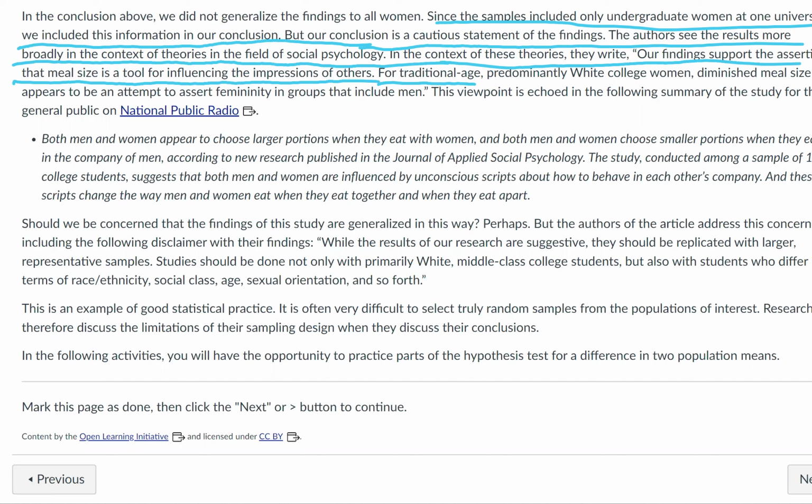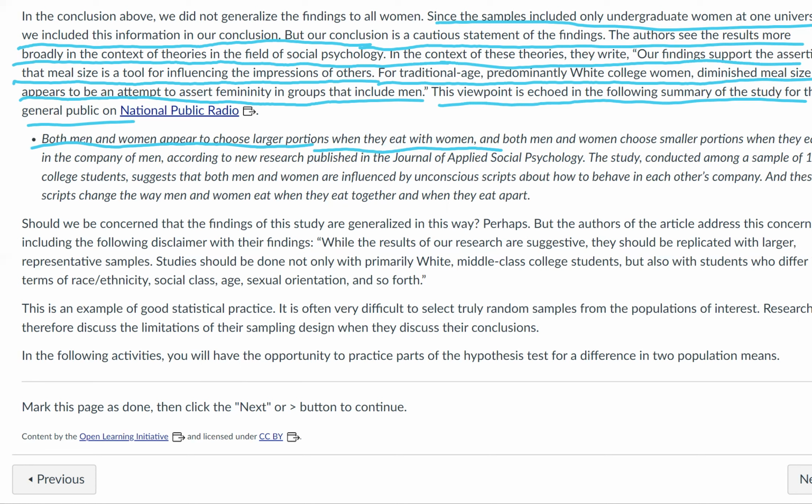For traditional age, predominantly white college women, diminished meal size appears to be an attempt to assert femininity in groups that include men, unquote. This viewpoint is echoed in the following summary of the study for the general public on National Public Radio, NPR. It says, both men and women appear to choose larger portions when they eat with women, and both men and women choose smaller portions when they eat in the company of men, according to new research published by the Journal of Applied Social Psychology.